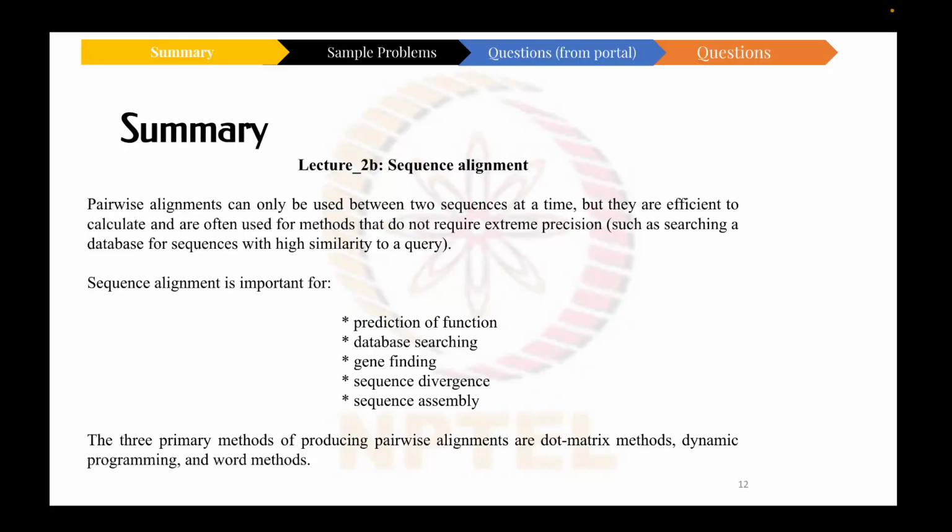Sequence alignment can also be further classified as pairwise sequence alignment and multiple sequence alignment. Pairwise sequence alignment methods are used for finding the best match alignments between any two query sequences. The common methods include the dot matrix technique, dynamic programming techniques such as Needleman-Wunsch and Smith-Waterman algorithms, and word based methods.